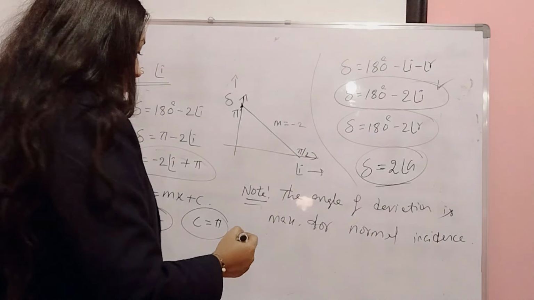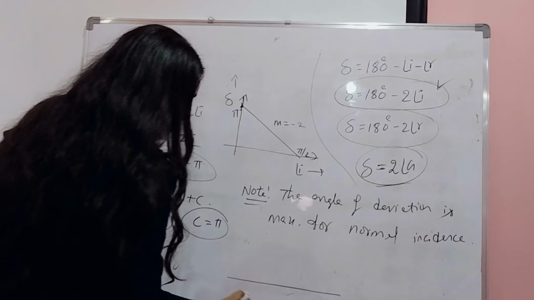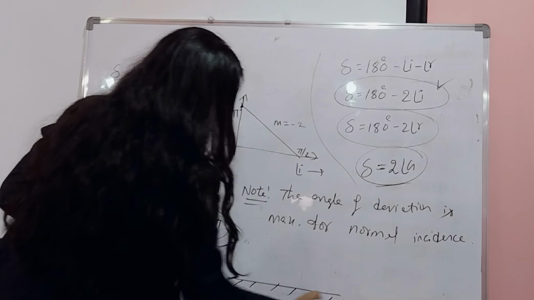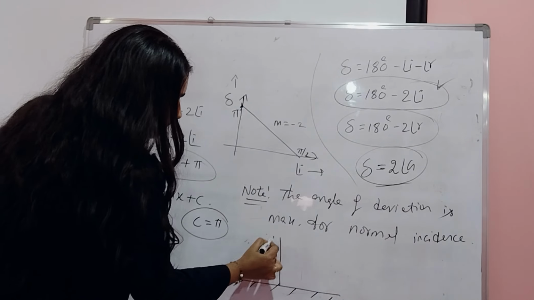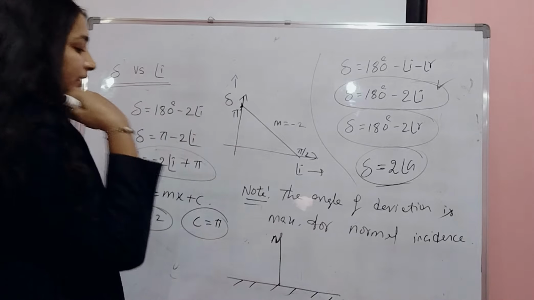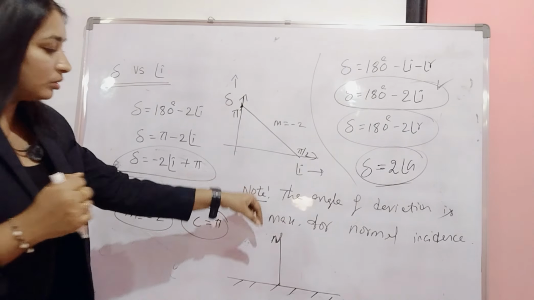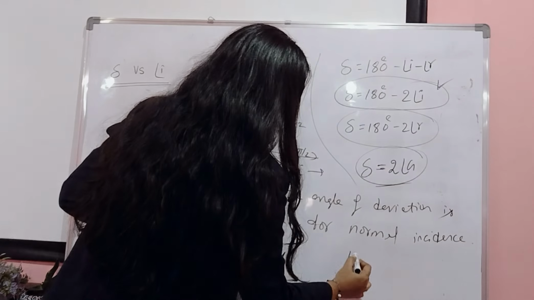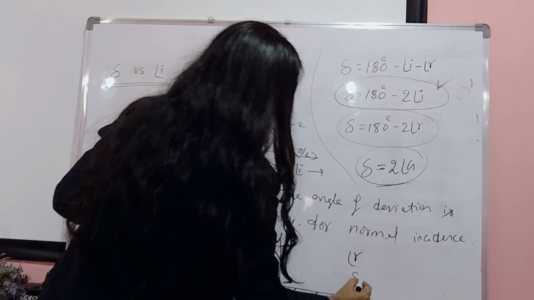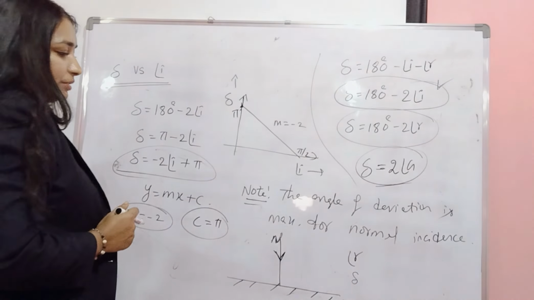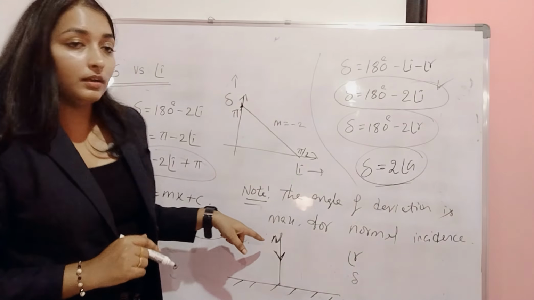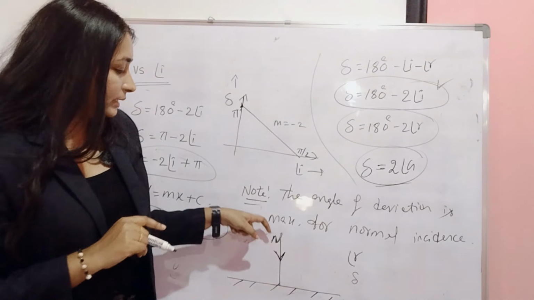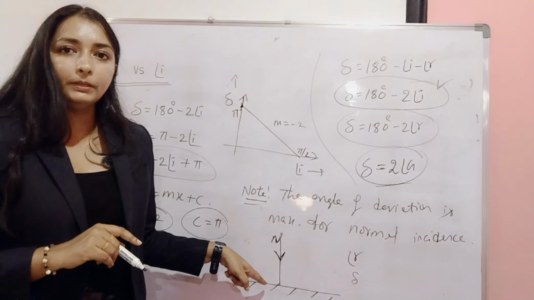So see, look at this case. This is a mirror, plane mirror. This is a normal. So I am incident a light ray along the normal. See, this is the incident ray. Now you calculate the angle of reflection and angle of deviation. See, the incident ray is going along the normal.